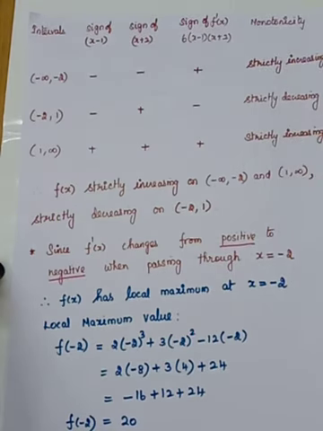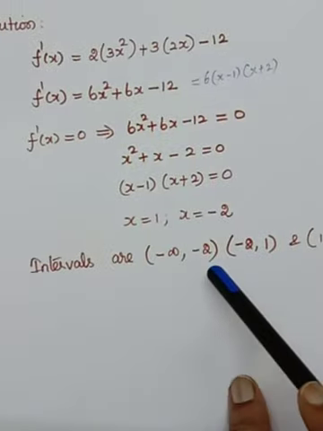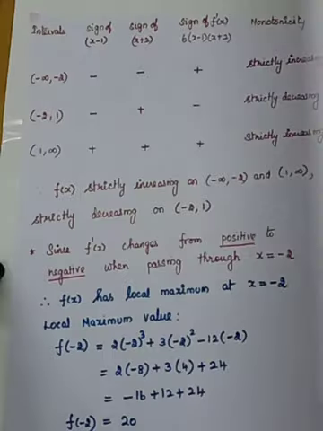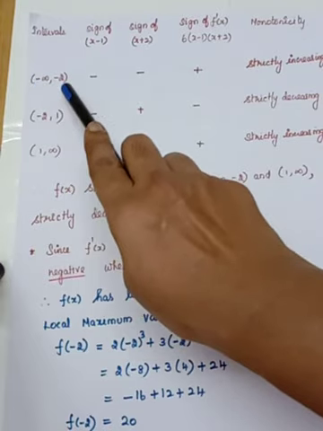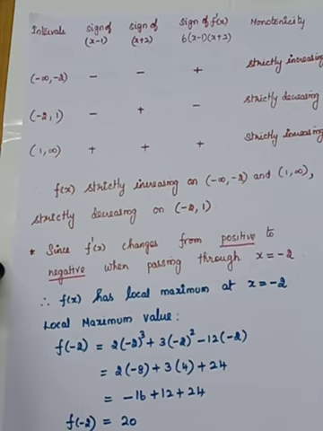Okay, so what are the intervals we have found? That is minus infinity to minus 2, minus 2 to 1 and 1 to infinity. You consider the first interval, minus infinity to minus 2. In this interval you consider a point, say minus 3.